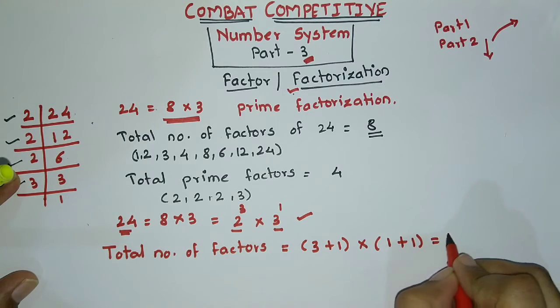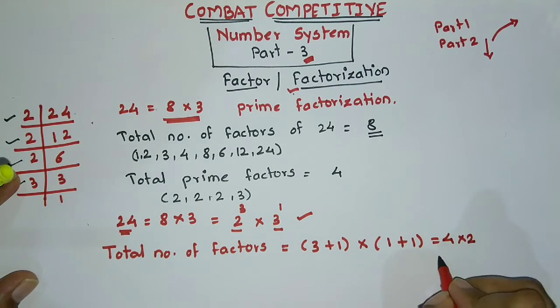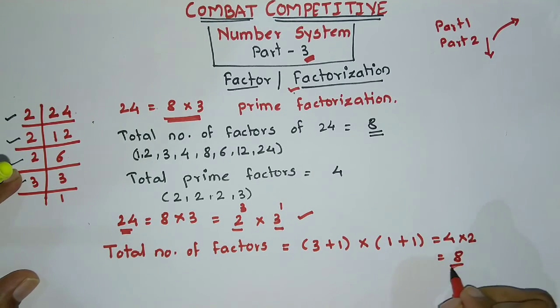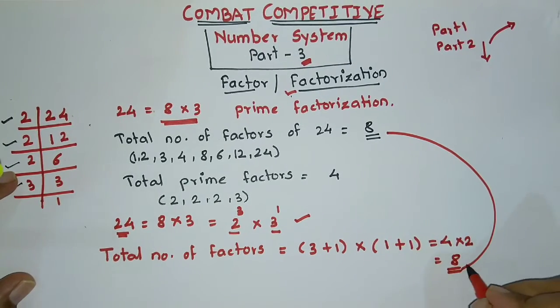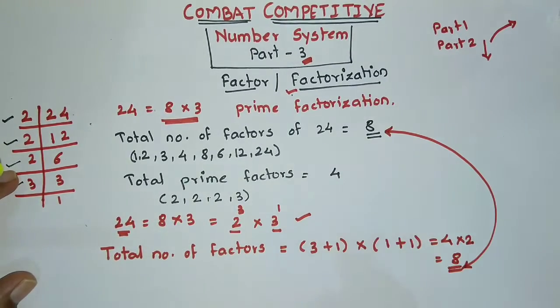This is nothing but 4 into 2, which is 8, and this is the total number of factors of 24.